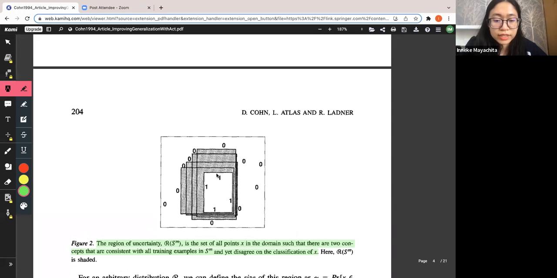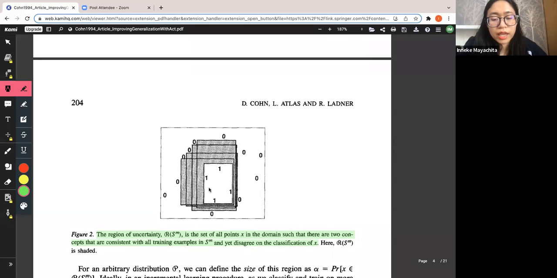For the intersection, all of the concepts agree that all examples that lie in that area will be classified as 1. But in the shaded area in between, some concepts will classify the examples as 1, but some other concepts will classify them as 0. So there is disagreement among the concepts.